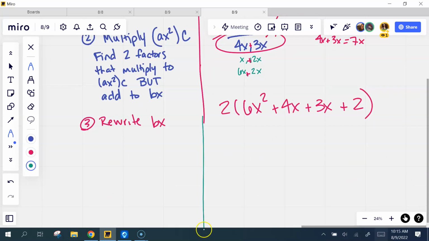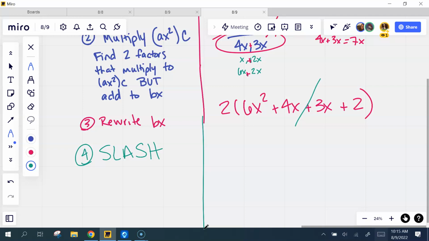Okay, these are notes that wouldn't make sense to a lot of people that aren't in here, but my next step is to slash the problem. What do I mean by slash? I mean literally go to the middle of these four terms and cut it in half, because we're going to look at this as two separate problems.